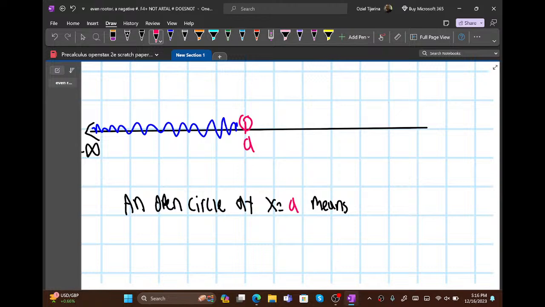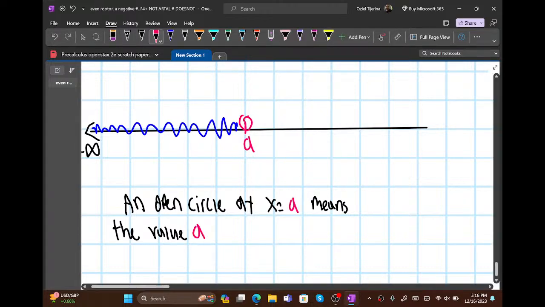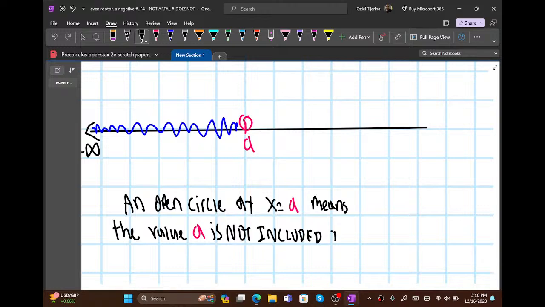So it means the value A is not included in the interval. And like I said, we're going to go over more examples.